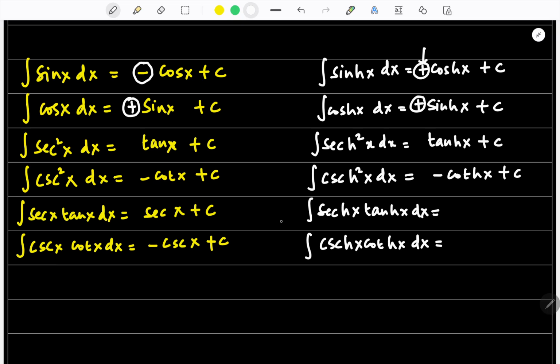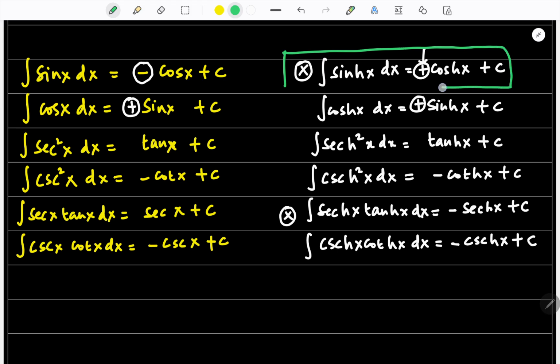For sech x tanh x, there is a small change here, keep in your mind, and there is a small change here. Only these 2 I said. Here you will get minus sech x plus c, and this other one is going to become the same, minus cosech x plus c. So which 2 formulas are different? These 2 formulas are different from the normal formulas. Here it is negative, here it is positive, and here it is positive and here it is negative.